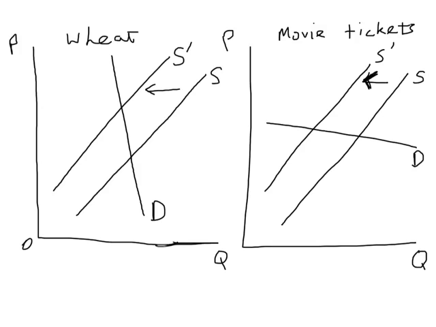So the initial price is P naught in wheat, Q naught in wheat, and I'm ignoring units for now. I don't have specific numbers. P naught in cinema tickets, and Q naught in cinema tickets.